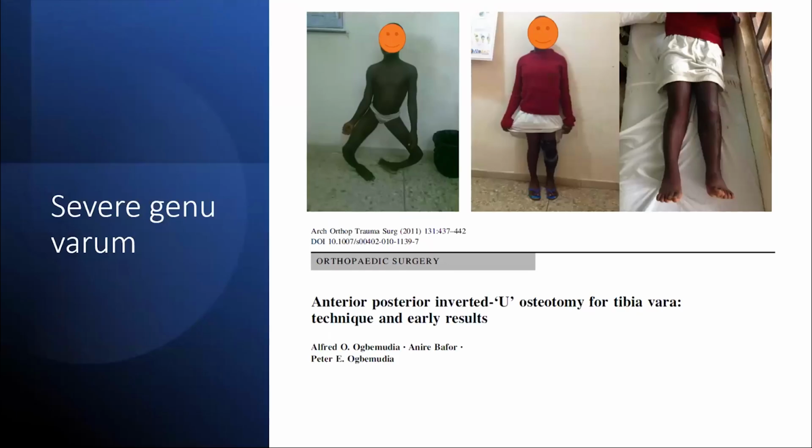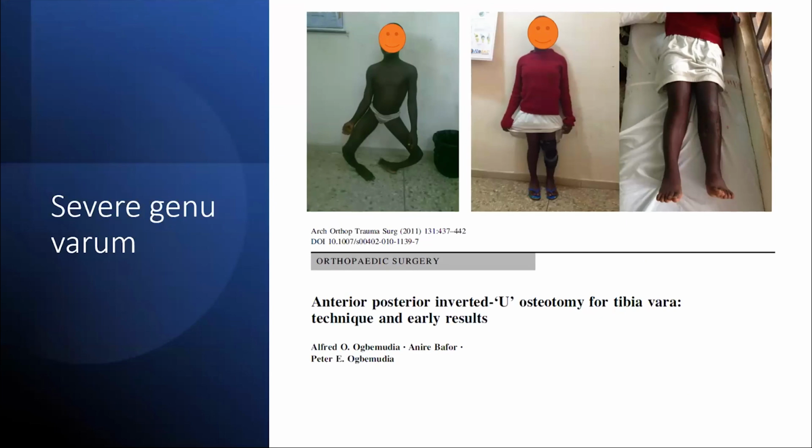Another example is a patient with this severe angular deformity of the knee with a rotational component. Here, we actually published this technique, I think, in 2011.